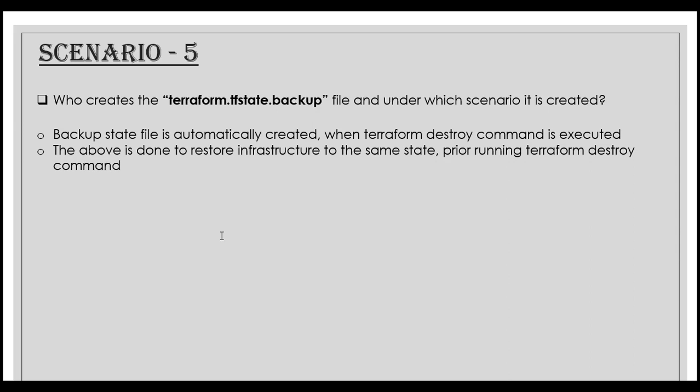That is the reason I have not run terraform destroy prior; I will go ahead and do it now. So what exactly is this file for? It helps you restore the infrastructure to the same state as before running the terraform destroy command. It takes you back to that particular state. It is created automatically by Terraform itself. Let's go and see that.